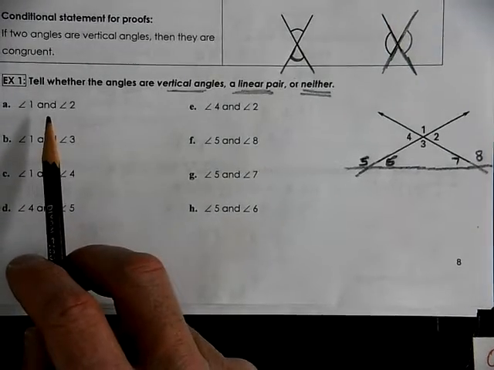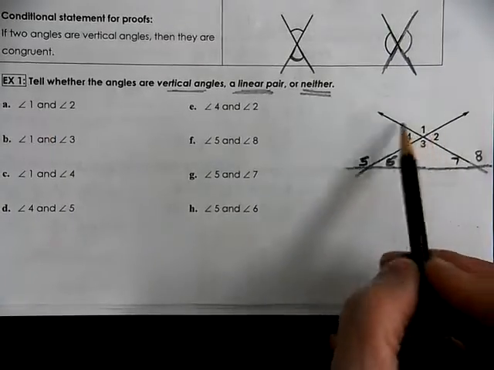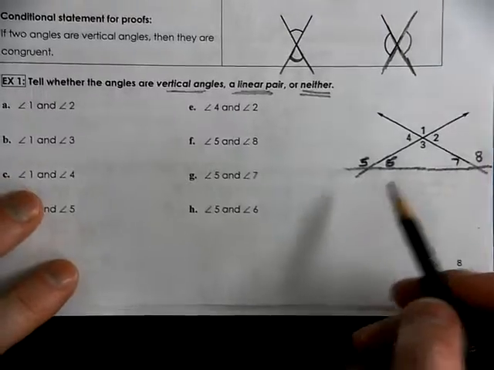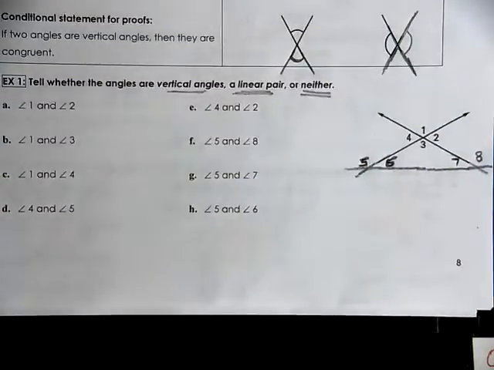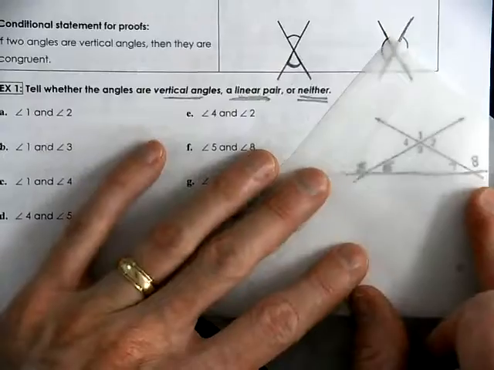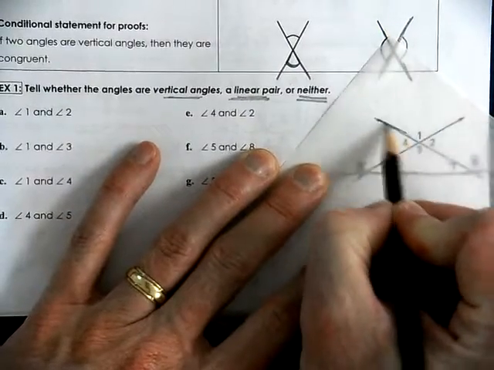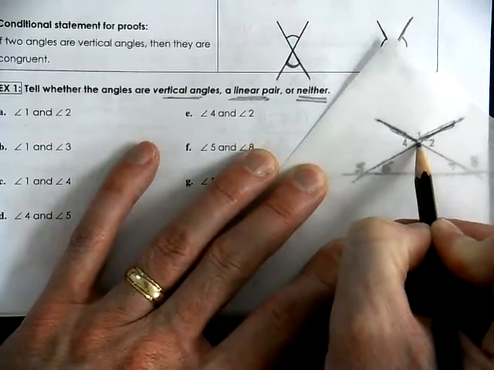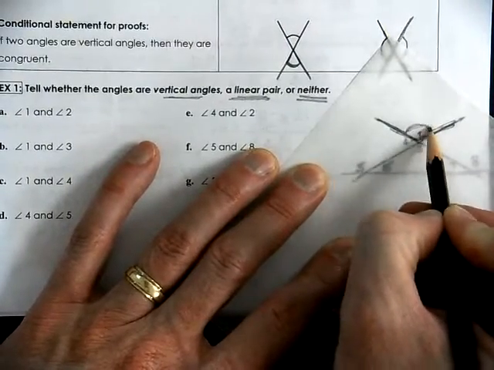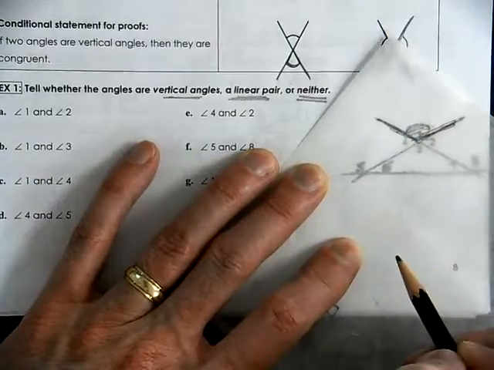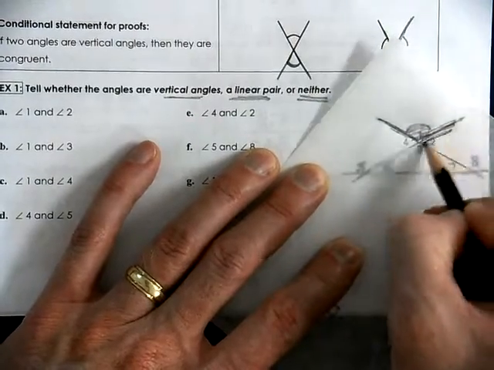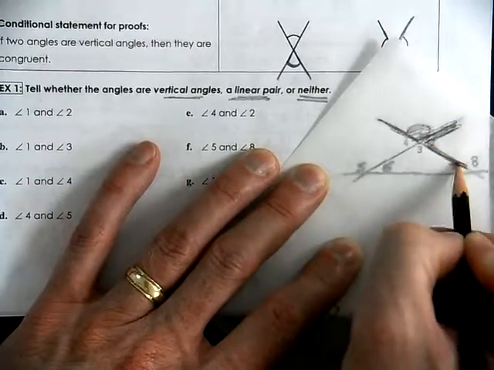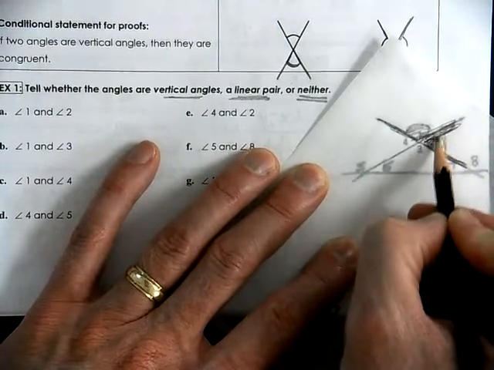So angles 1 and 2. What type of angles do 1 and 2 make? What you would want to do is trace out what that angle is. That's this angle here. And you would want to trace out the angle next to it. That's this angle here.